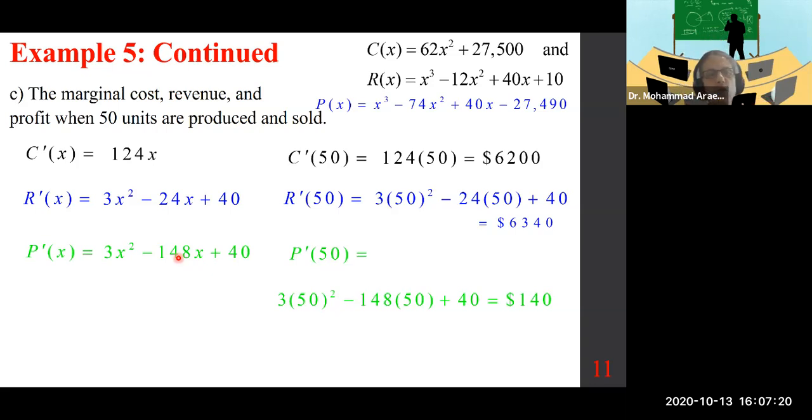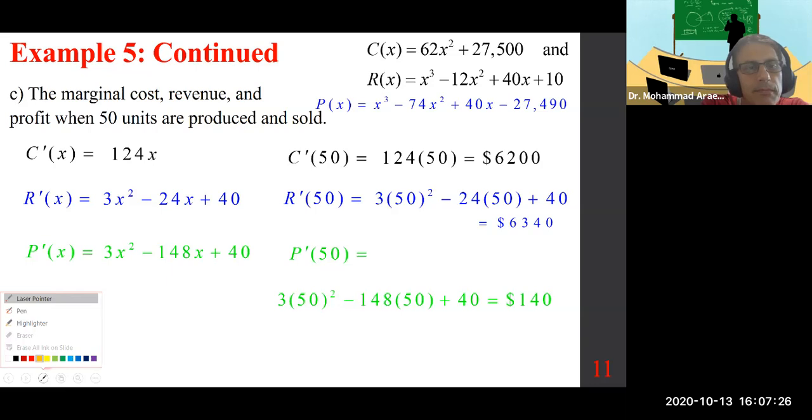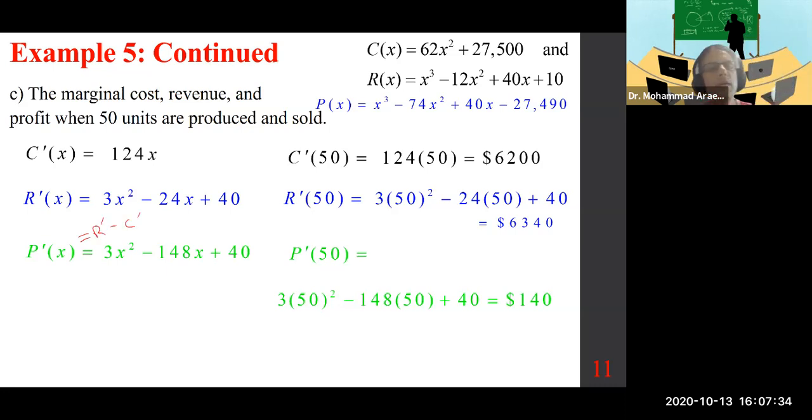What would be the short way, class? P prime is R prime minus C prime. So all you have to do is subtract 124x from 3x squared minus 24x plus 40, and you get that one. That's another.